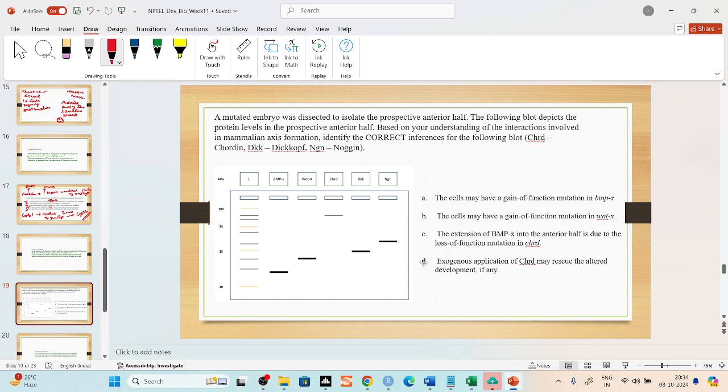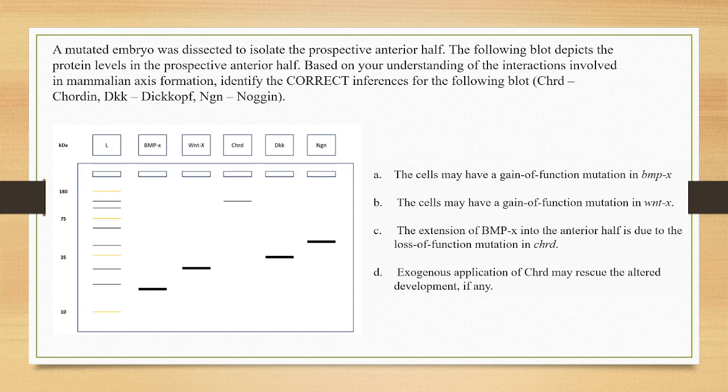If you see, this is the ladder. The ladder represents known proteins whose size is already known. We run that ladder so that we can compare it with whatever expression we got in the test samples. For example, let us take this BMPX.